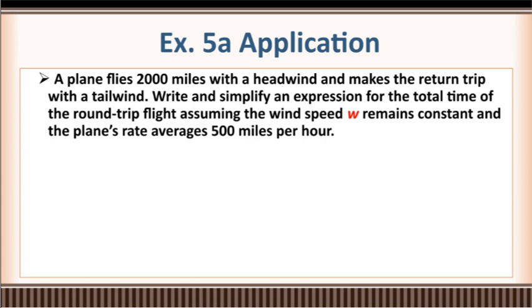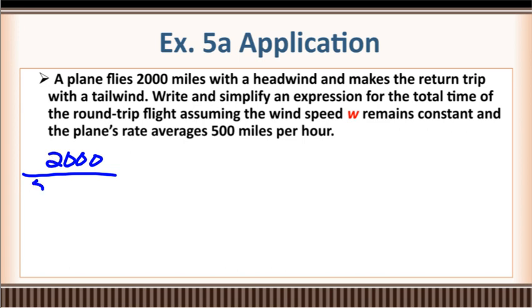So the distance would be 2,000 miles divided by the rate. And the rate, you have a headwind and you have a tailwind. And the rate is 500 miles per hour. So with the headwind, it means you're going against the wind.